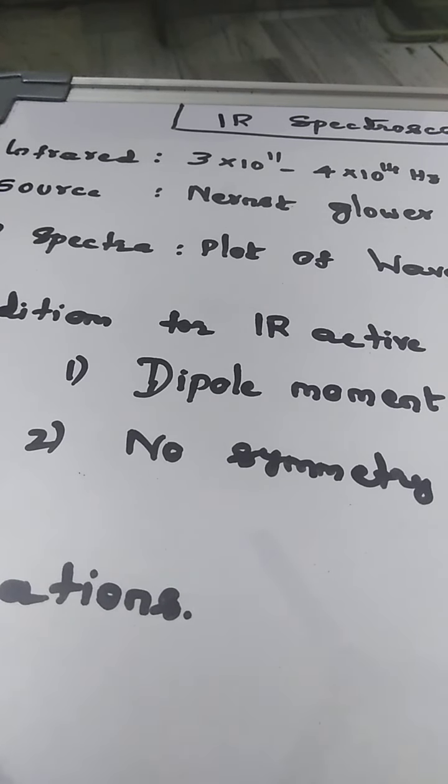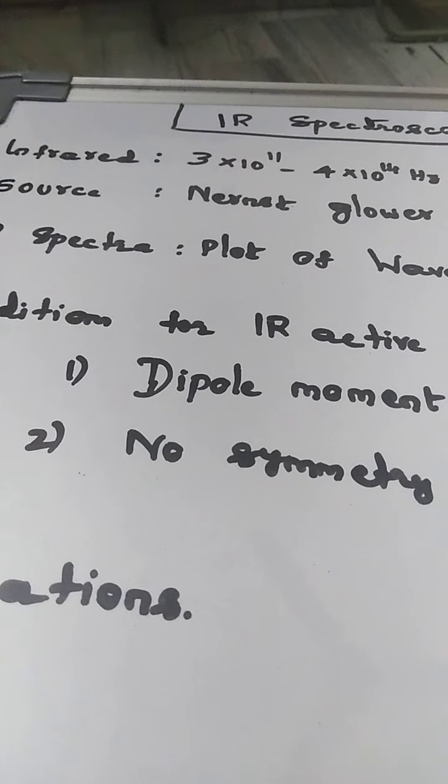The important application of this fingerprint region is we can monitor the reaction. We can monitor the progress of a reaction conversion using IR spectra in this particular region. Suppose, for example, a compound A is converted to B. During the initial stage, when A remains as such, the IR spectra will be characteristic of A only in this fingerprint region.